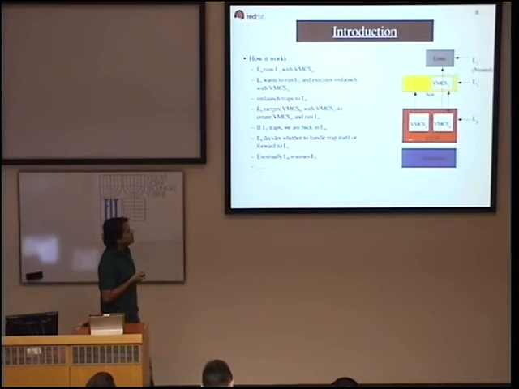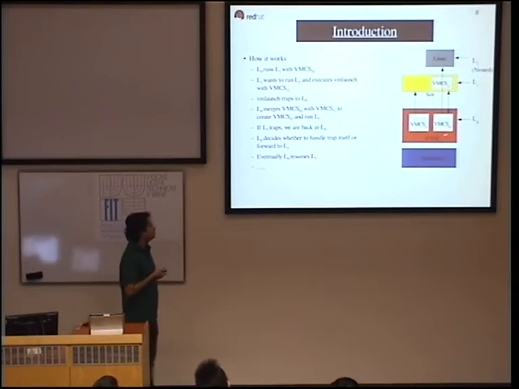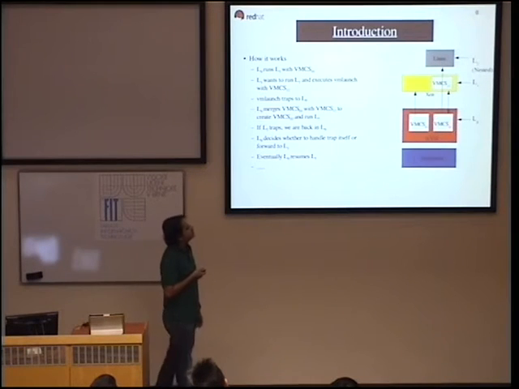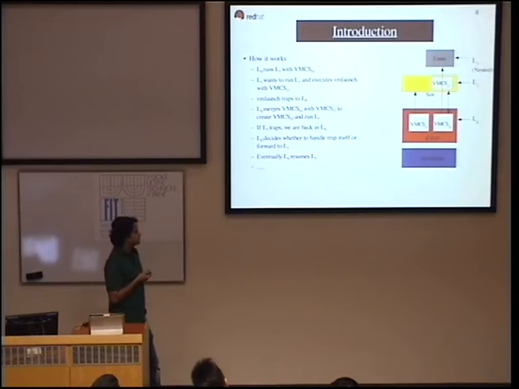KVM then creates a new VMCS from information in VMCS 1-2 and also from VMCS 0-1, called VMCS 0-2. Then it uses this VMCS to launch a new guest, which is Linux here. The difference is that this guest is actually being run on behalf of Xen. From the perspective of Xen, or L1, it thinks that it's actually running L2, or Linux. But the reality is that L0 is the one actually doing the hard work.